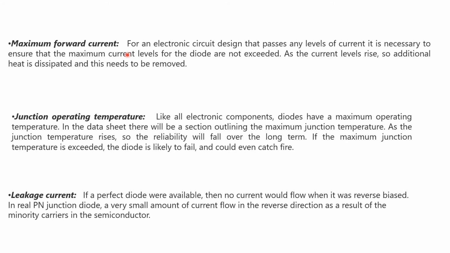If by chance you cross the rating of 1 ampere, it will be completely destroyed, and there is a chance of it catching fire. So make sure that whatever is on the diode's output side, either resistors or any other circuitry, does not draw more current than the rating of the particular diode. Then, this is a semiconductor with a junction, so like all electronic components, a diode has a maximum operating temperature, and you must operate within that temperature. If you go beyond it, it will definitely catch fire.